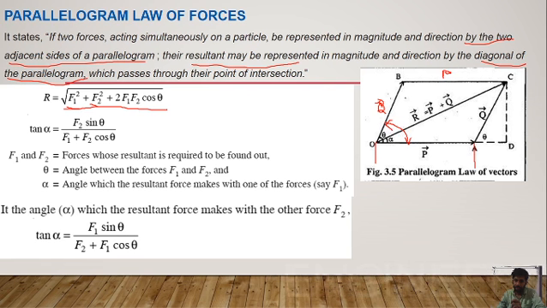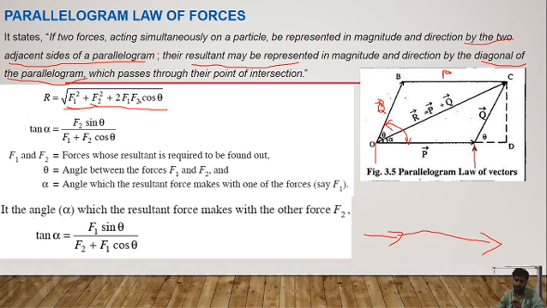If theta becomes 0, P will be in this direction and Q will be in the same direction. So cos theta will become cos 0, equal to 1.